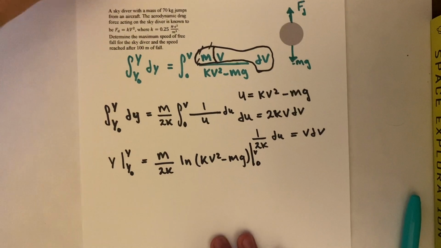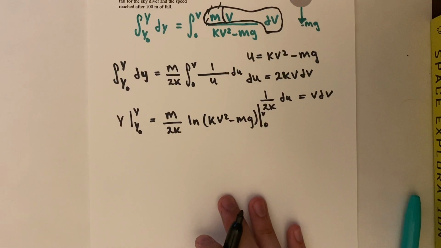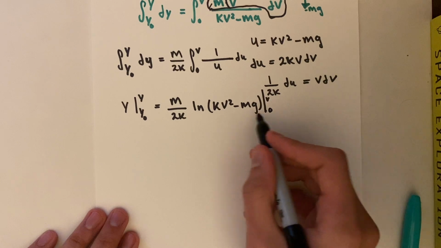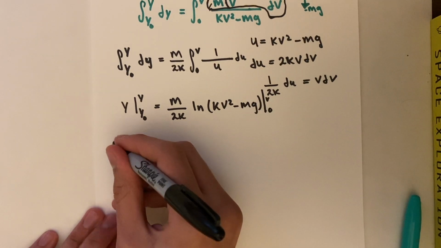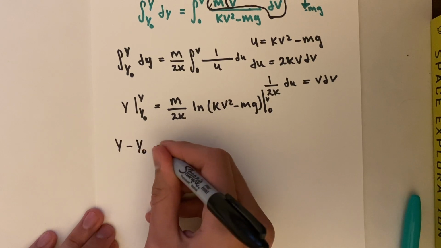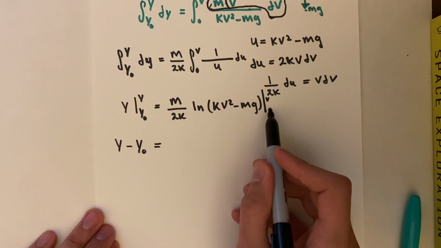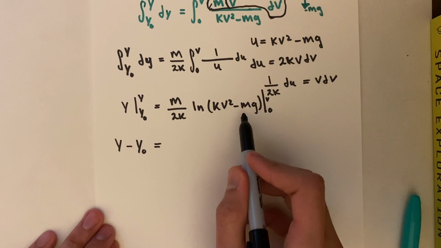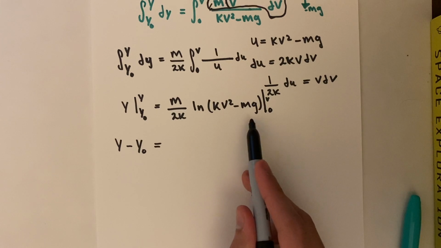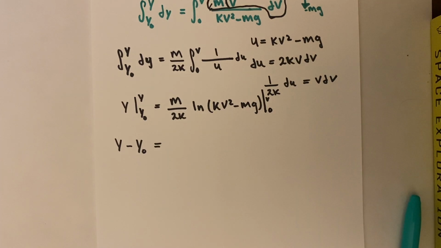Okay, we're done with this one. So now what we could do is substitute our values over here. On the left side, we'd get y minus y naught. And if we substitute 0 into this equation, we wouldn't really get 0. We'd get the natural log of negative mg, because this term would go to 0, but this term is still there.